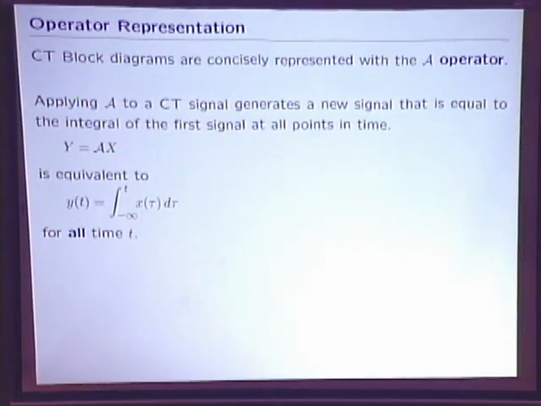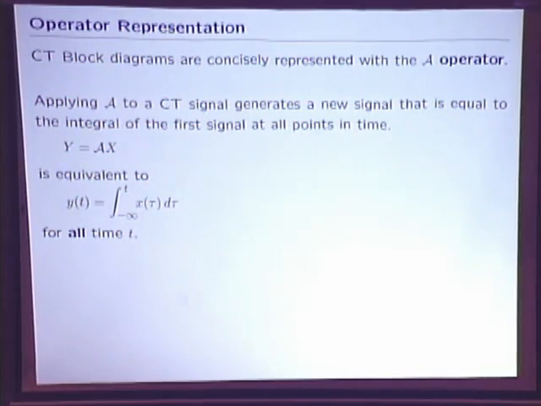And we'll be able to apply the same idea that we did in DT to simplify the representation of the block diagram by thinking in terms of operators. The operator has to similarly change. So the new operator, the operator that we'll use to represent a CT system, we'll call the A operator. A is intended to mean accumulator.